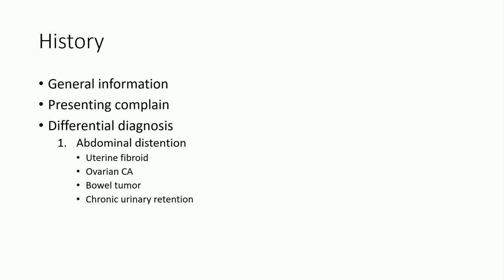And you think about uterine fibroid, bowel tumor, chronic urinary retention. So just take 3 and exclude 3 differential diagnoses. That's more than enough. I don't want to tell you about the uterine fibroid, bowel tumor and chronic urinary retention. You would have already studied them. So we will focus on the ovarian tumor, cancer, and just try to exclude the other 3 by asking some questions.